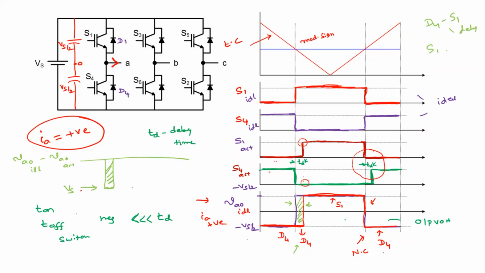But from S1 to D4, that is instantaneous. D4 to S1 is delayed, whereas this one is instantaneous. What we have to understand is that from diode to IGBT, the transfer is delayed, whereas from IGBT to diode, it is instantaneous.